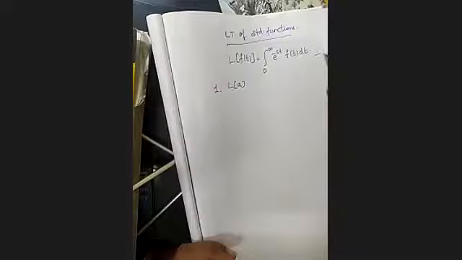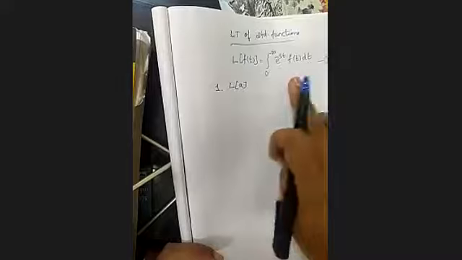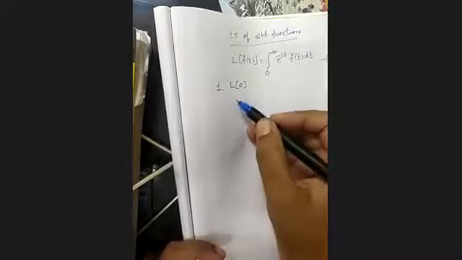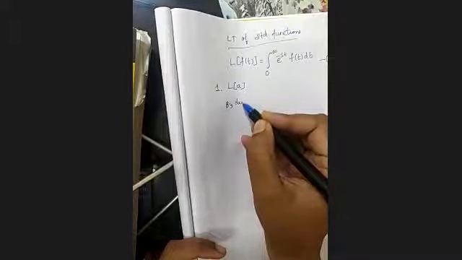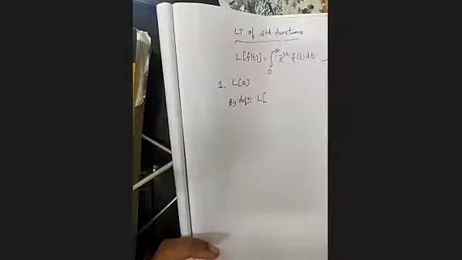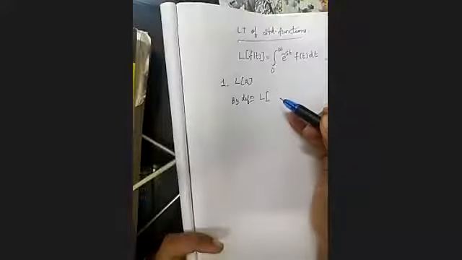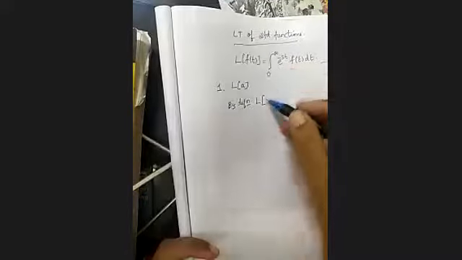We already have the definition. So by definition, what is f of t? A. So I'll just write it as A here.